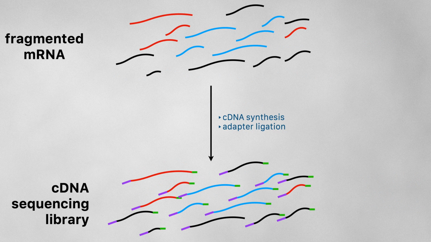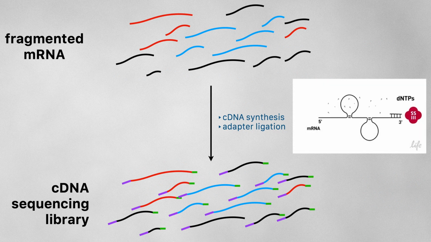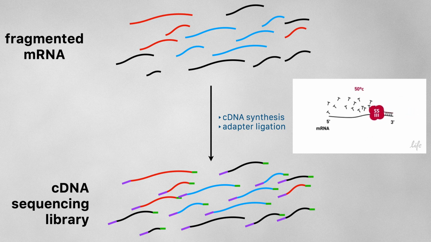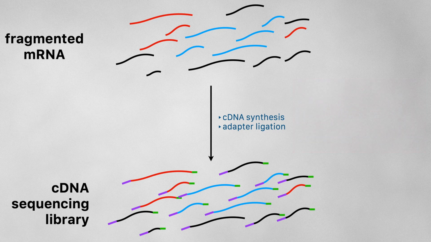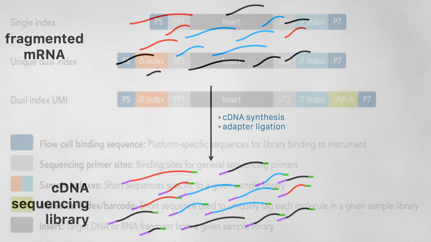These fragments will then be converted to complementary DNA or cDNA to convert the uracil nucleotides into thymine counterparts in the DNA. Adapter sequences will then be ligated into these cDNA fragments, which serves two purposes.